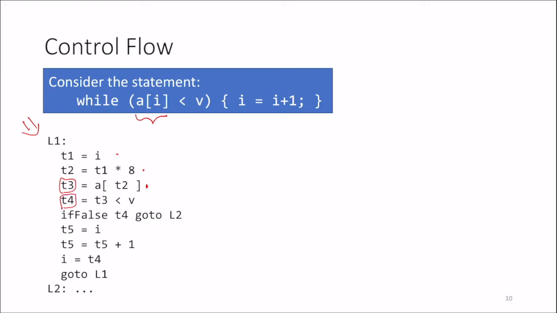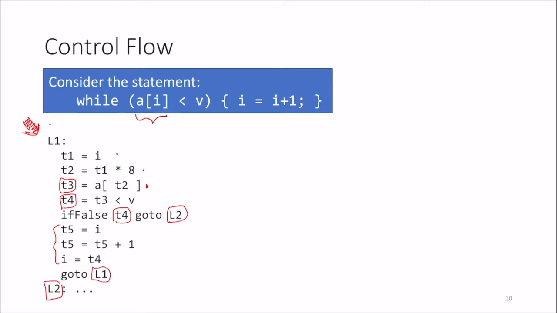In this case, the while loop would look at the Boolean value of T4. If it's true, it executes this part. If it's false, it goes to L2, the statement after the while loop. And then there is a goto statement here, which goes back to L1. So all the way back here to L1, and it says, well, let's recompute A of I, because I has changed.